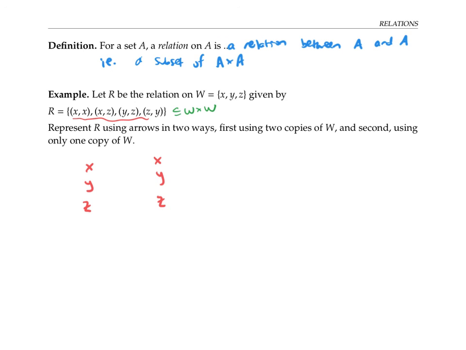So we need an arrow from X to X, an arrow from X to Z, an arrow from Y to Z, and an arrow from Z to Y.